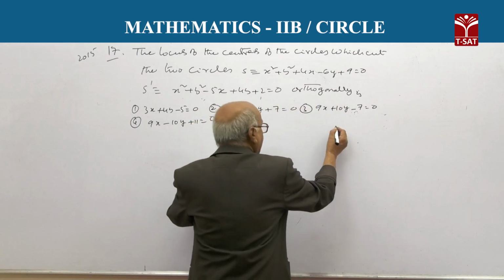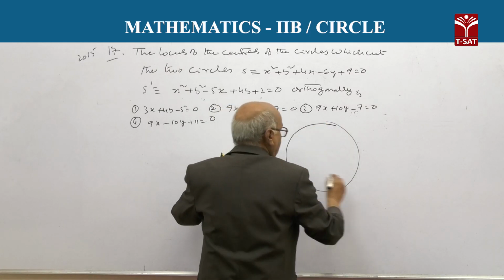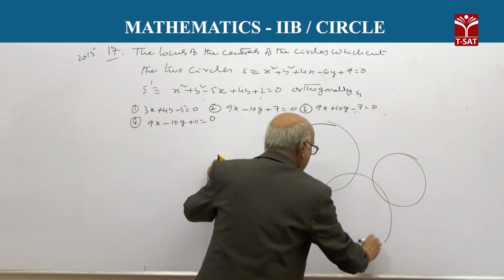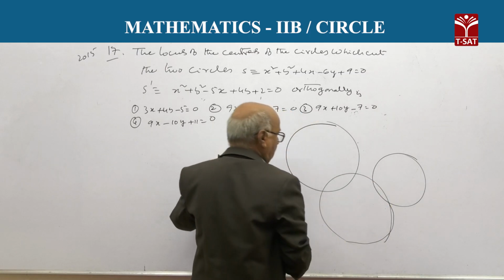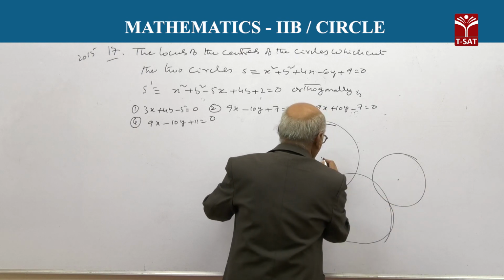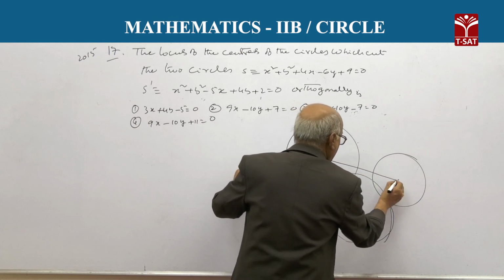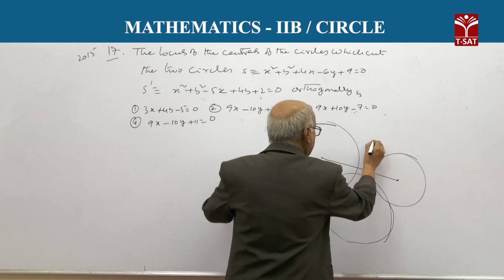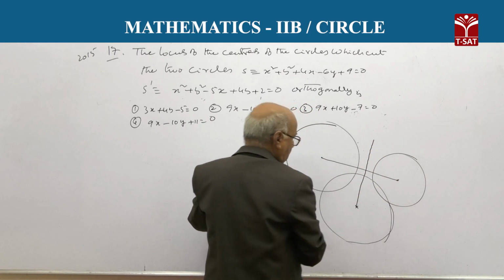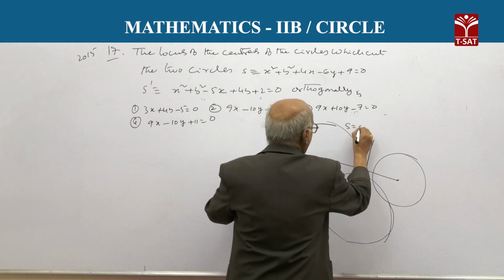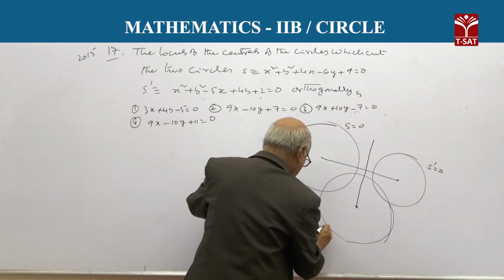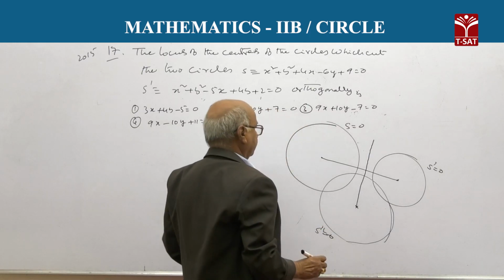Okay. Now please see, if we are given two circles, a third circle always cuts the two circles orthogonally if and only if the radical axis of these two circles passes through the center of the third circle. This is S is equal to 0, S dash is equal to 0, and S double dash is equal to 0.